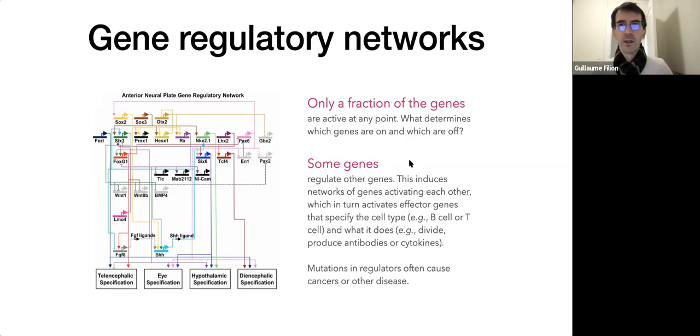It's their job. This induces networks of genes activating each other, which in turn activate effector genes that specify the cell type, for example B cell or T cell, and what it does, for example divide, produce antibodies, cytokines, etc. So here that's an overly complicated representation of a transcriptome, but that's pretty much how it is.